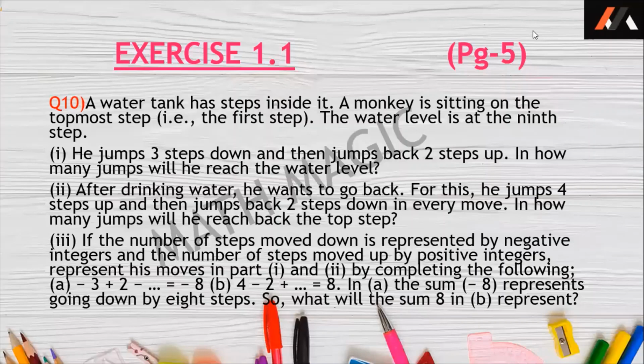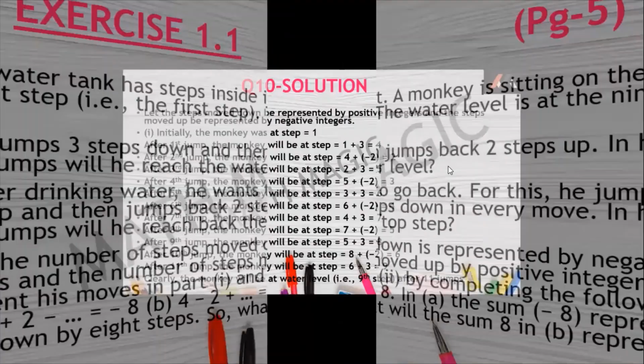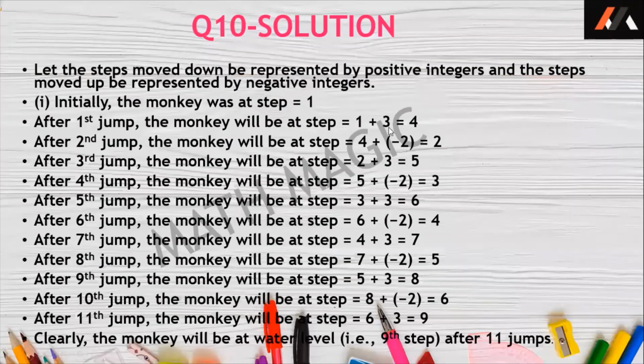In this question, let the steps moved downwards be represented by positive integers and the steps moved upwards be represented by negative integers. The monkey will move 3 steps down each time and then 2 steps up.